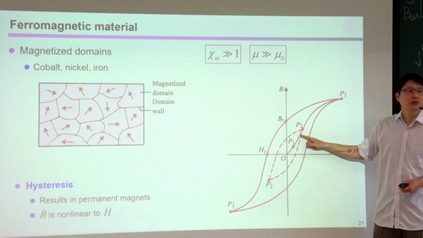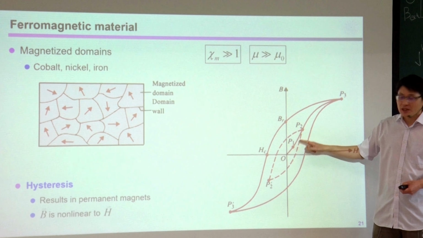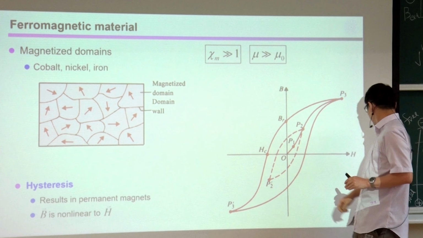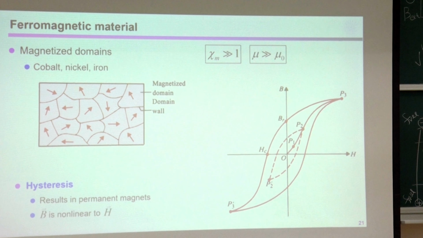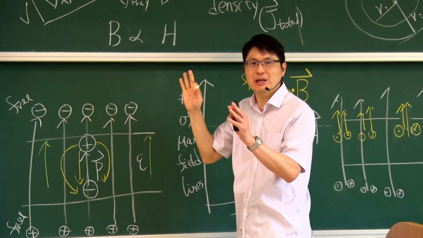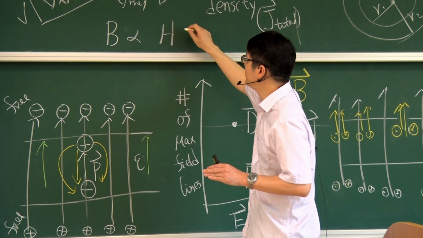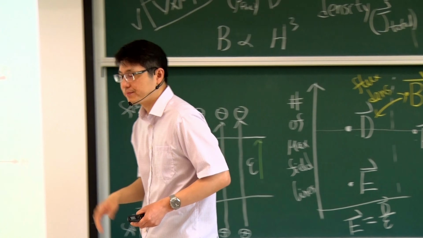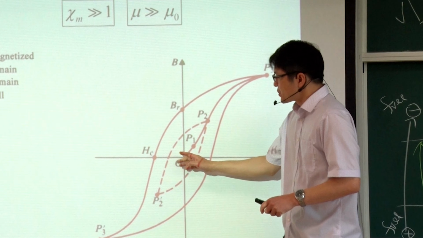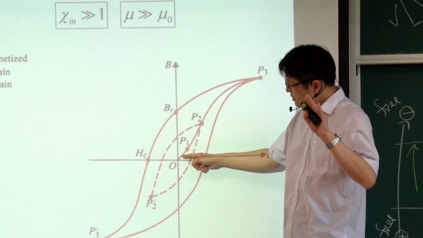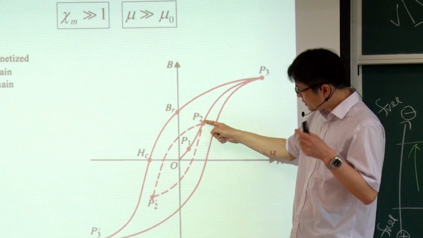But in a nonlinear way. Looking at this trace, this is not linear. So it means for ferromags, B is only proportional to H, but maybe in a nonlinear way. Maybe to the second order, third order. It's nonlinear.